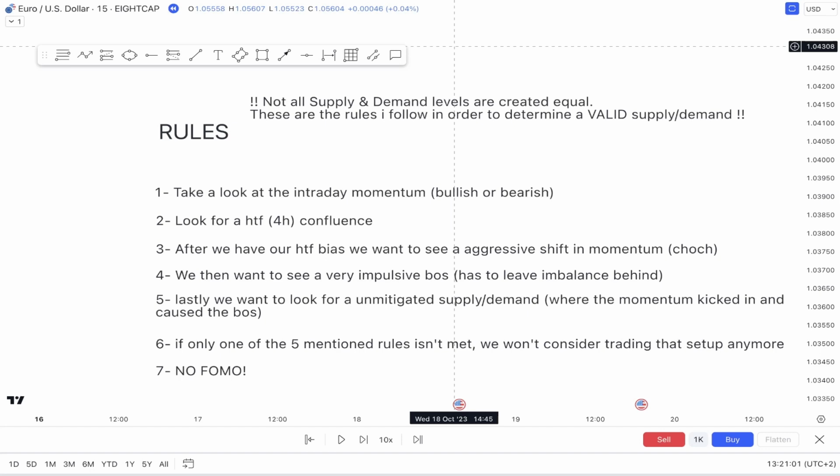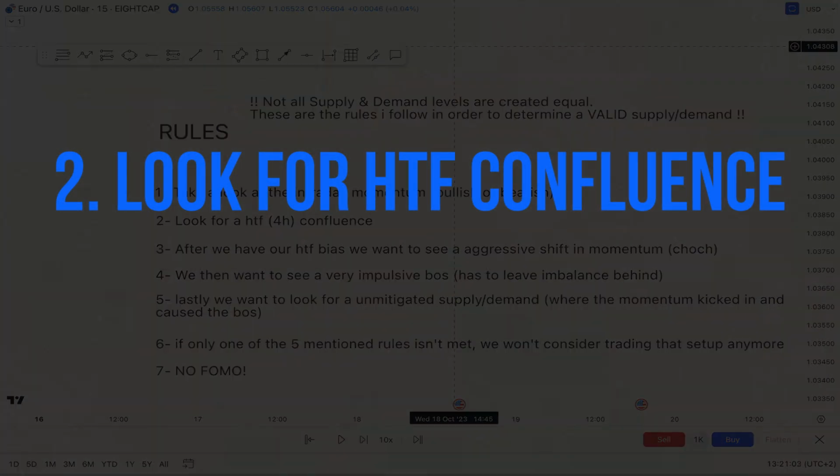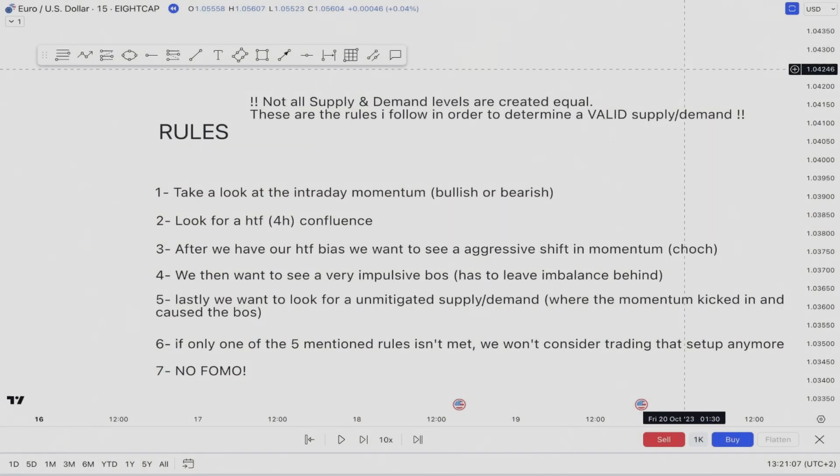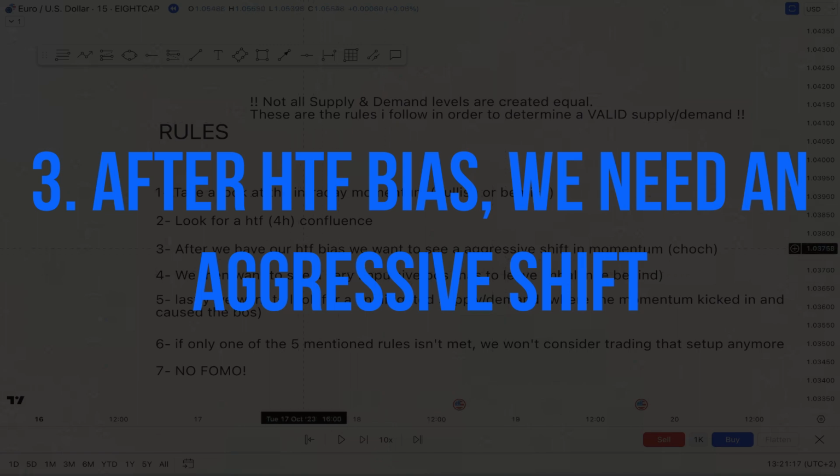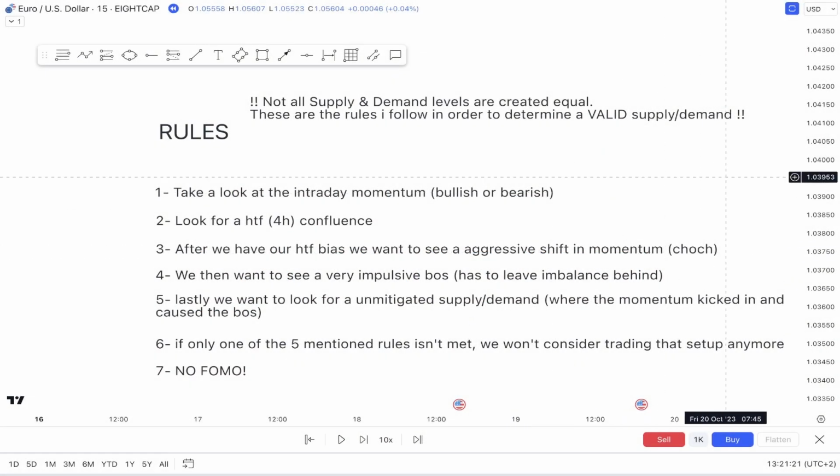The second rule is we need to look at a higher time frame. Our higher time frame will be the 4-hour. We need to look for a higher time frame bias or confluence. Then the third rule: after we have our higher time frame bias, we want to see an aggressive shift in momentum on our entry time frame, which is the M15, or of course a change of character, pretty much the same thing.